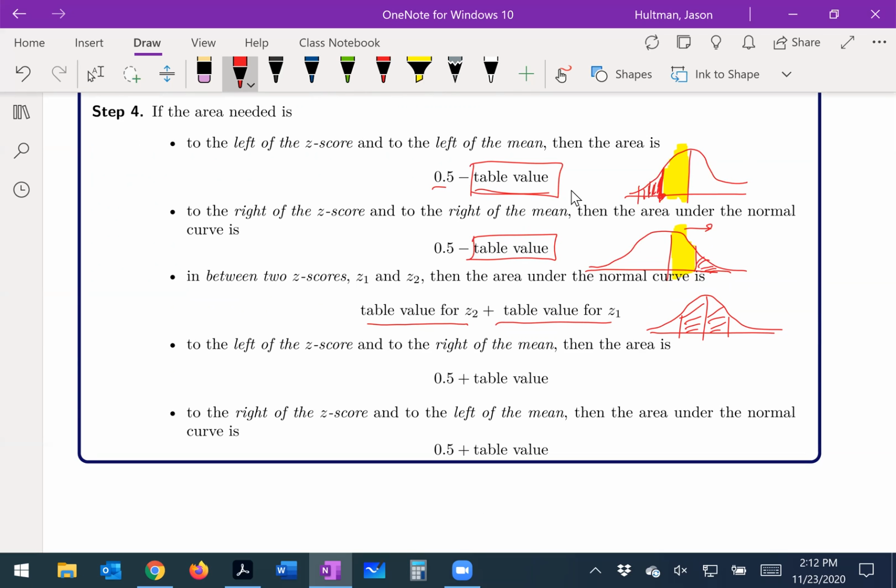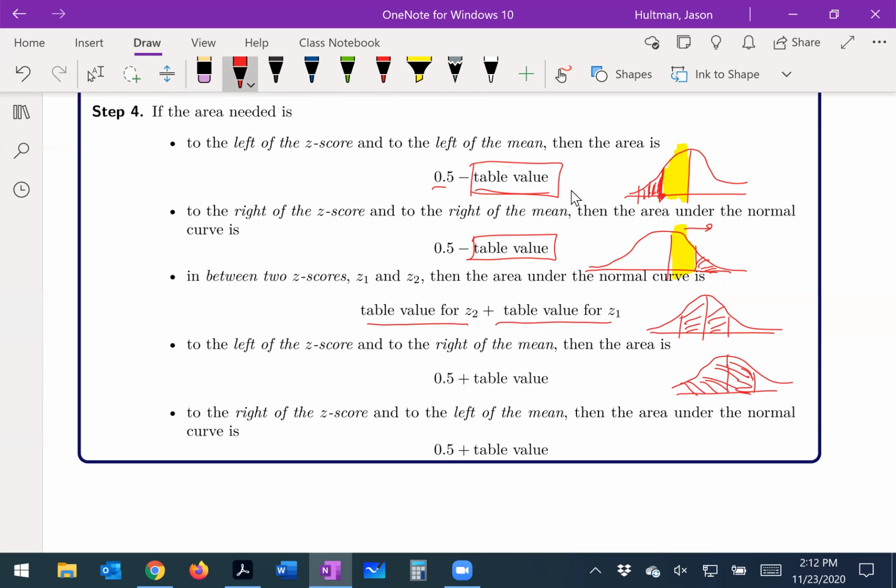To the left of the z-score, but to the right of the mean, it looks like this.